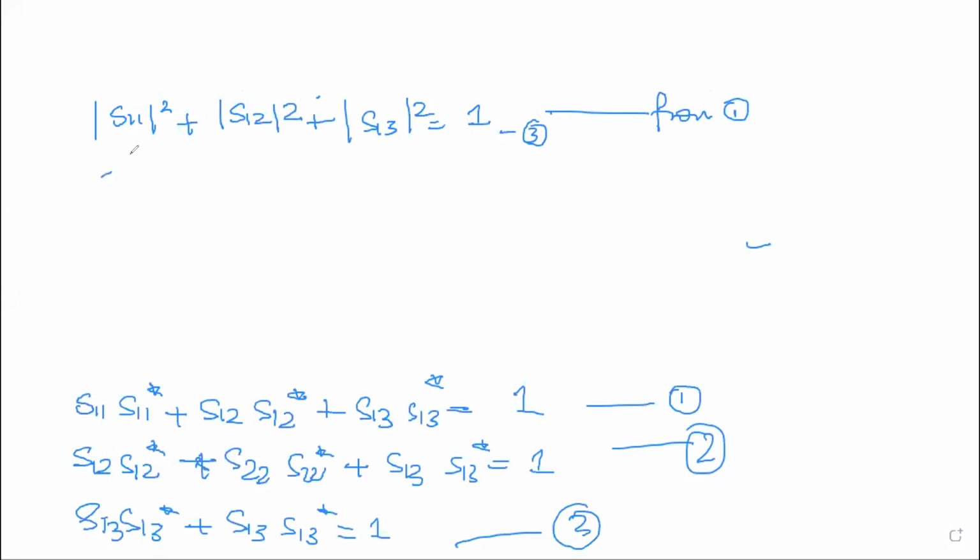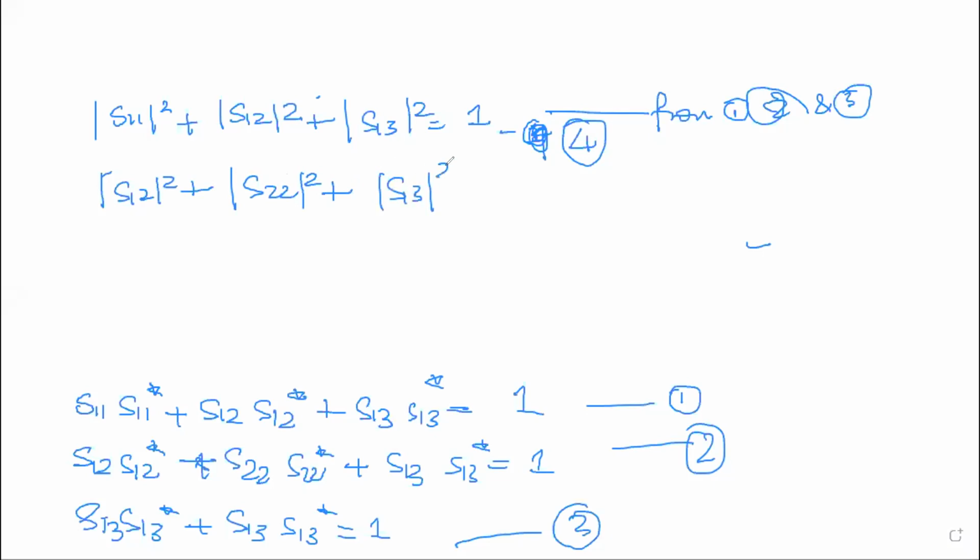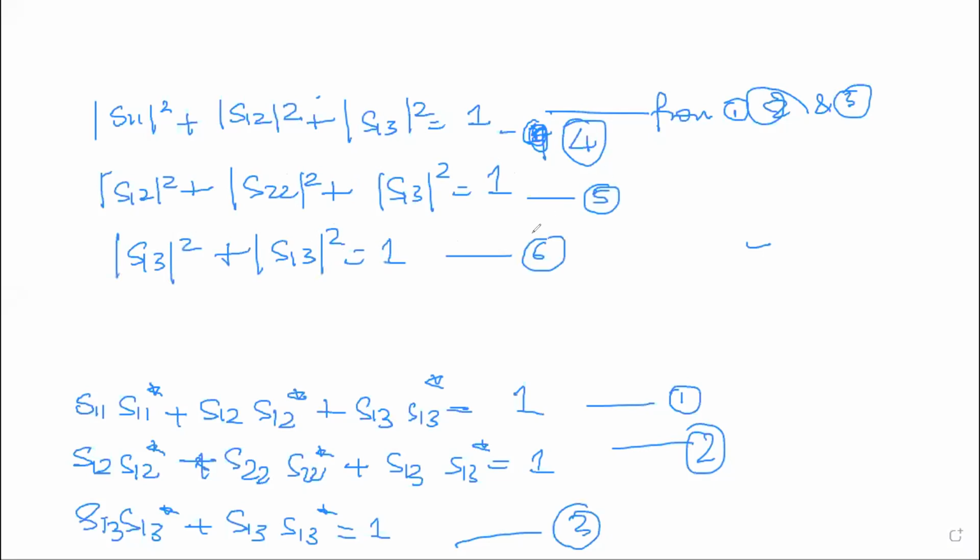Similarly, from 2, equation 4: magnitude of S12 square plus magnitude of S22 square plus magnitude of S13 square is equal to 1. This will be magnitude of S13 square plus magnitude of S13 square, which is equal to 1. So this will be equation 5. This will be equation 6.